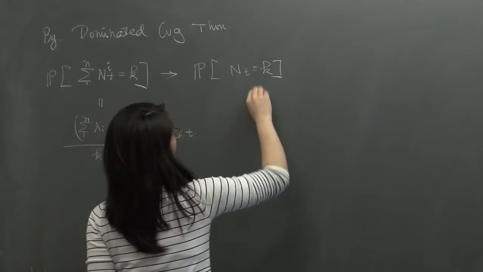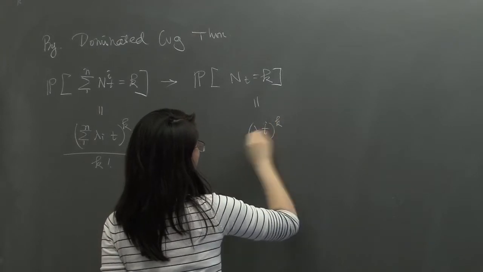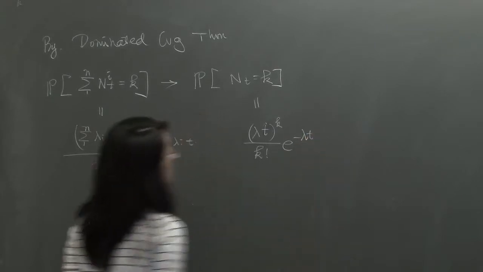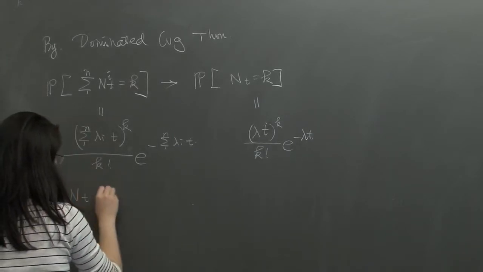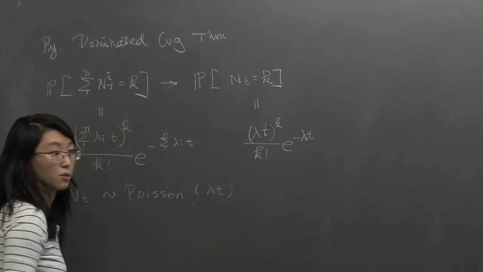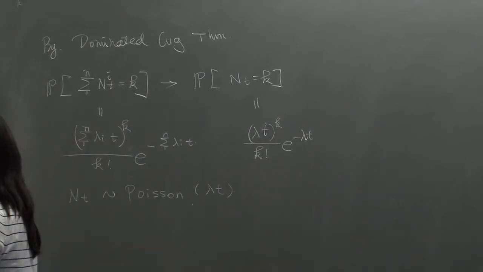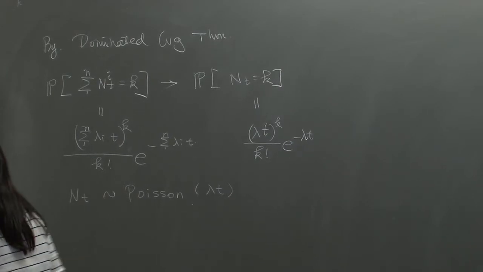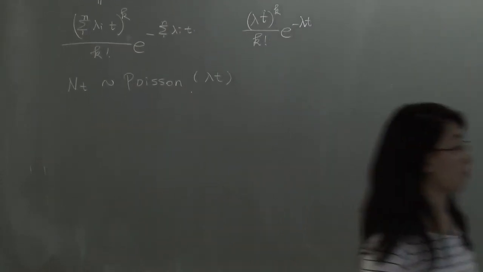So this implies that the probability on the right-hand side has to equal the Poisson probability, and this tells us that N_T satisfies the law of a Poisson random variable with intensity lambda t. So this proves that the superposition of independent Poisson processes is also a Poisson process. So this is the superposition of Poisson processes.